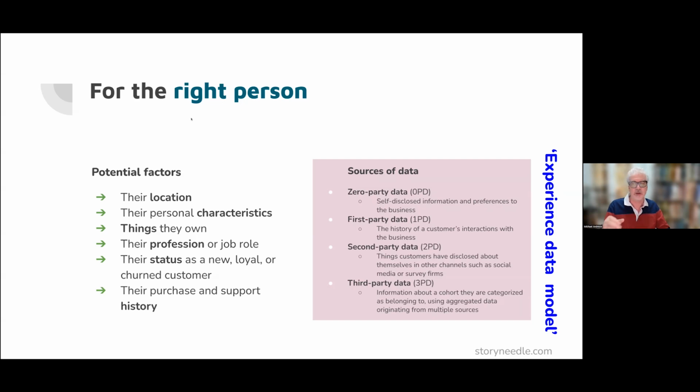And it may be organized in what some people are calling an experience model. And I'll show you an example of that a little bit later, what an experience model is. It's kind of a newer concept out there. But anyway, this can be useful in figuring out the right content for the right person.